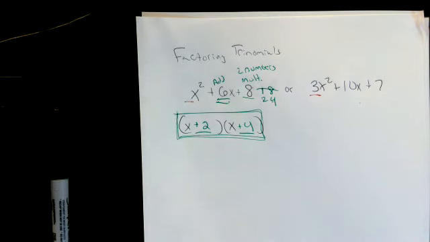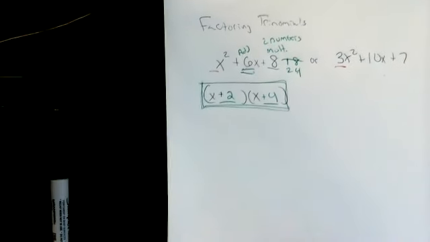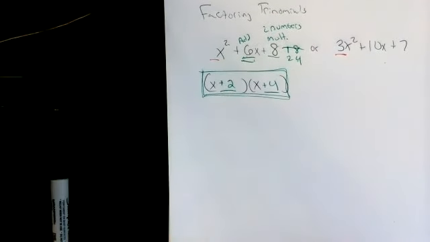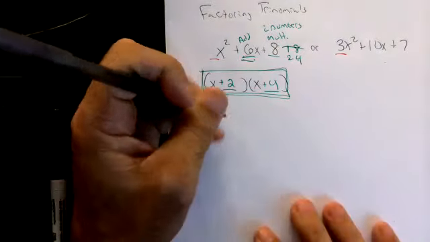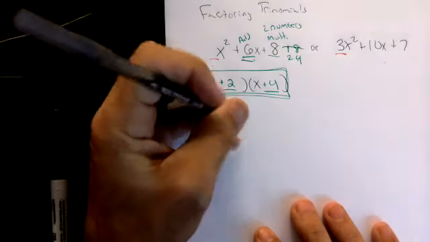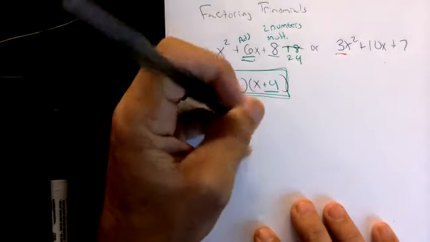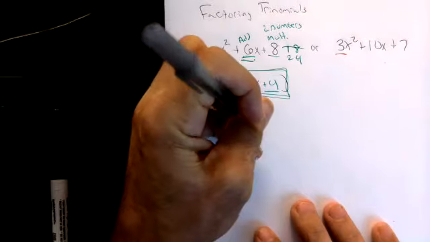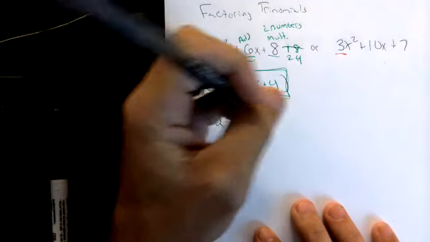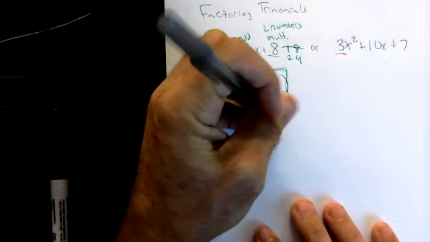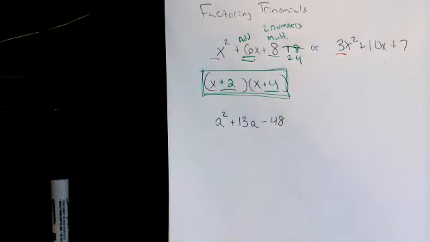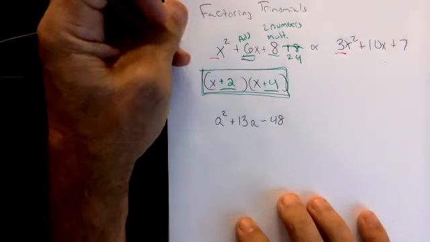We'll do a few more problems with no leading coefficient, because really there's only a couple of things they can do to kind of make this tricky. Okay, so again, they'll say to completely factor.